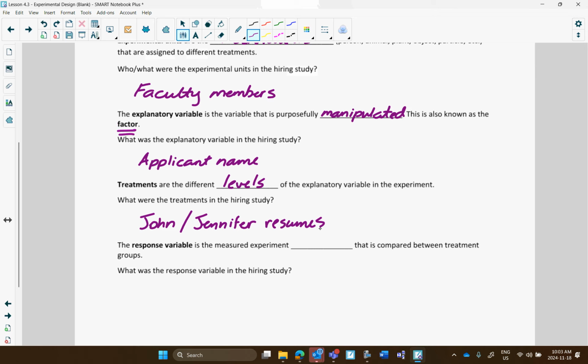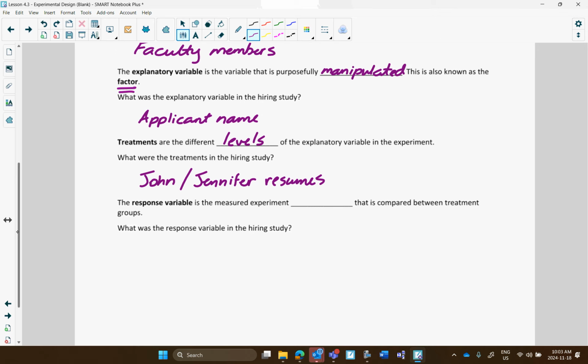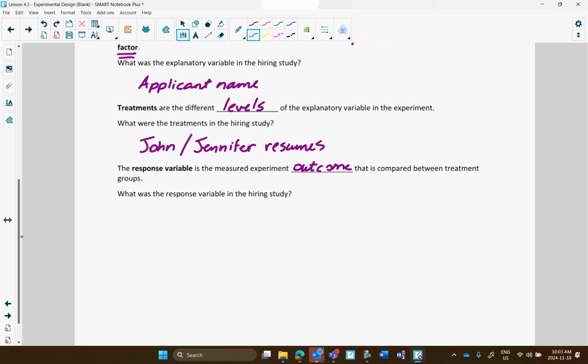And then from that, we want to see the response variable. That's the outcome. That's what happens. And what was the outcome in this experiment? Or outcomes? Hireability and salary.